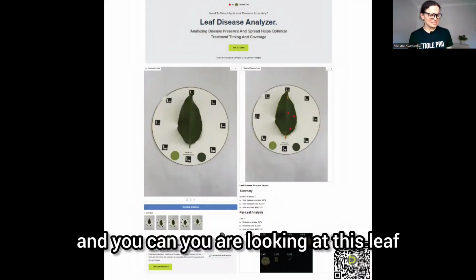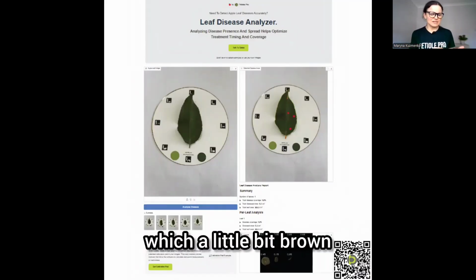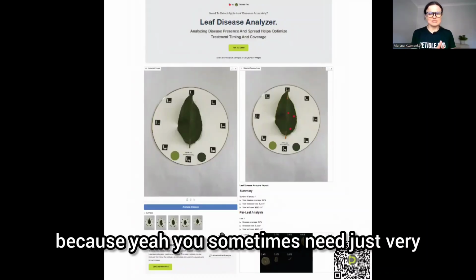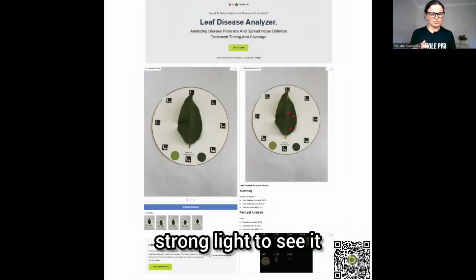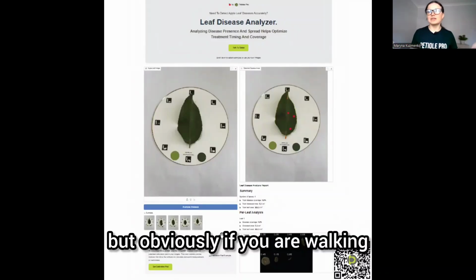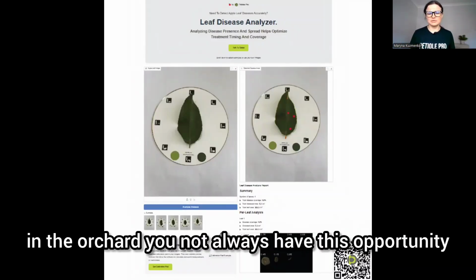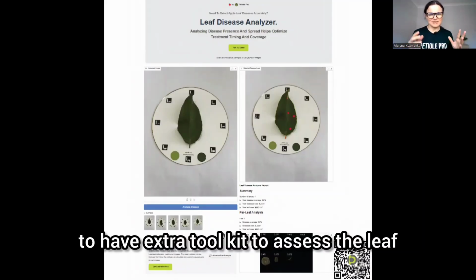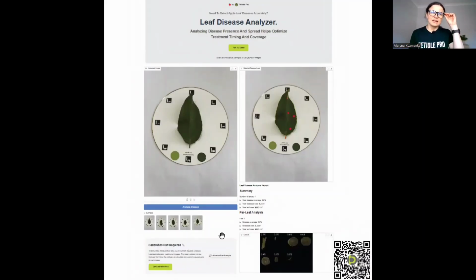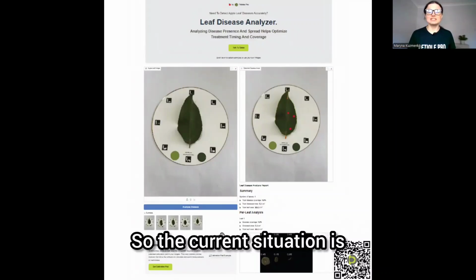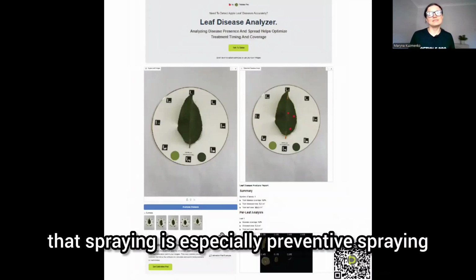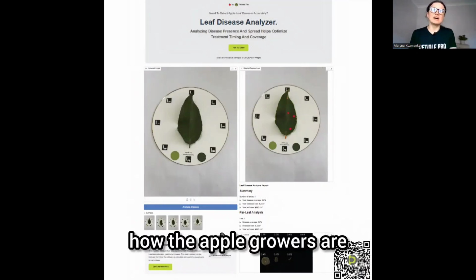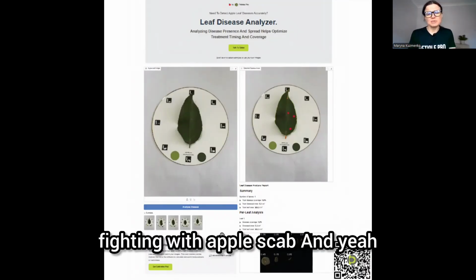You are looking at this leaf and you see some stain which is a little bit brown or not brown. You're still not sure, because sometimes you need very strong light to see it. But if you are walking in the orchard, you don't always have the extra toolkit to assess the leaf. So the current situation is that spraying, especially preventive spraying, is one of the options the apple growers use to fight apple scab.